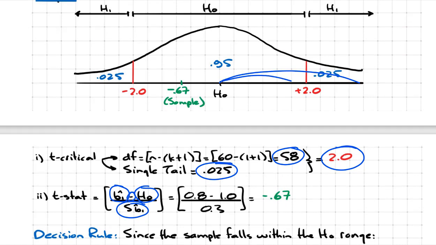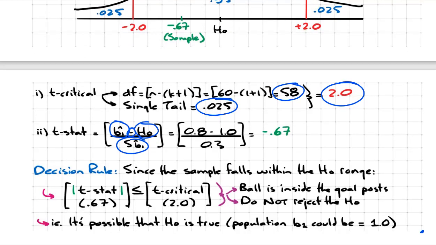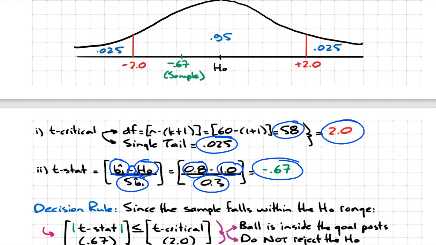Notice how everything is measured from the null, whether it's the goalposts or the sample. So let's find that out. The sample value for B1 was 0.8, the hypothesized value was 1.0, and the standard error was 0.3. Therefore, the sample deviated from the null by minus 0.67 standard errors.